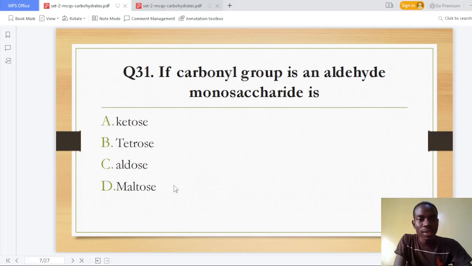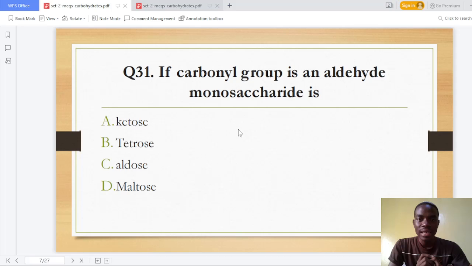I'll disqualify maltose and remove ketose. Let me remain with tetrose and aldose. But the best answer is already seen. If carbonyl group is an aldehyde, monosaccharide is simply an aldose. The best answer is C, aldose. Very simple.